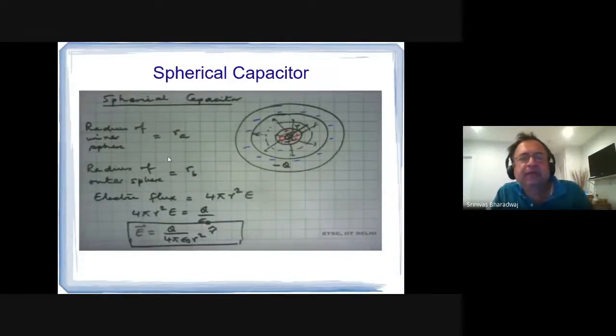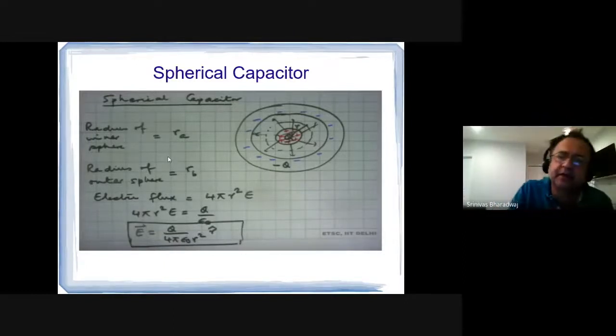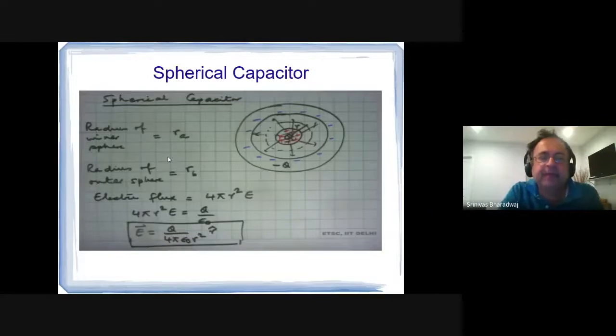So now, if you have a spherical capacitor with two radii, the same principle applies. Instead of a cylindrical Gaussian surface, you now have a spherical Gaussian surface. What is the area of a sphere? You know, the volume of a sphere is 4 by 3 pi r cubed, right?